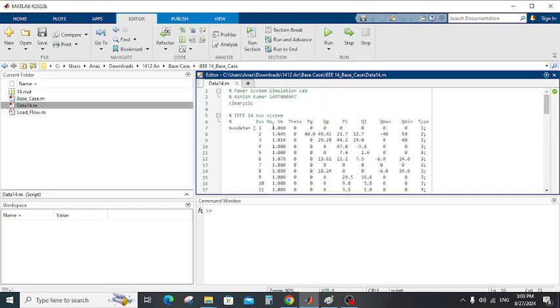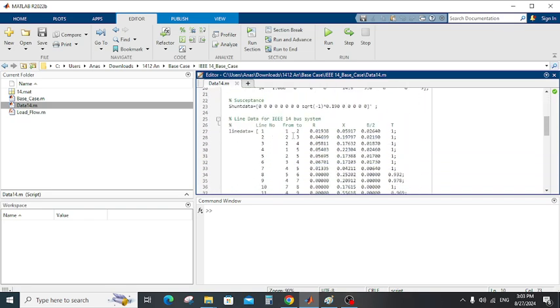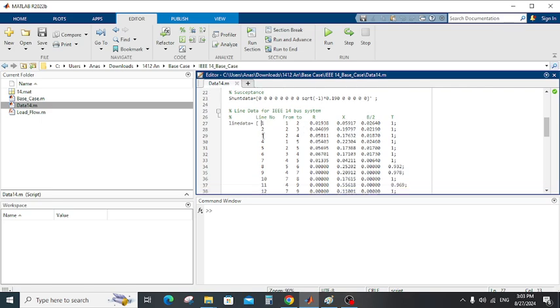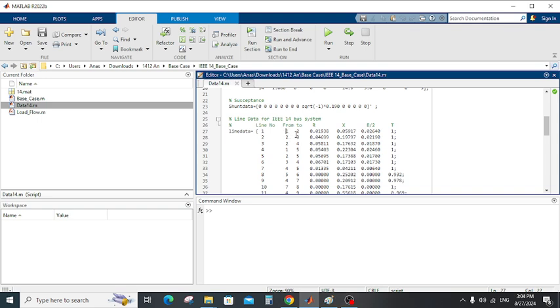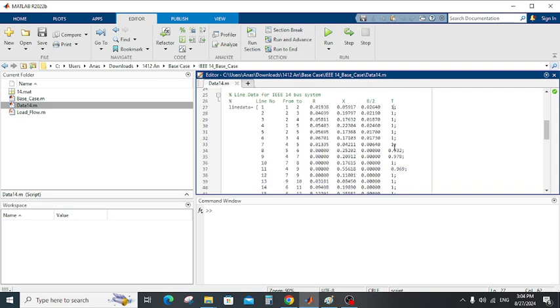Each bus has some specifications, and if you go to the line data for the IEEE 14 bus system, this is the number of the line, this is the sending bus, and this is the receiving bus, and we have 4 parameters, sorry: the resistance, reactance, the capacitance, and the tap changer.